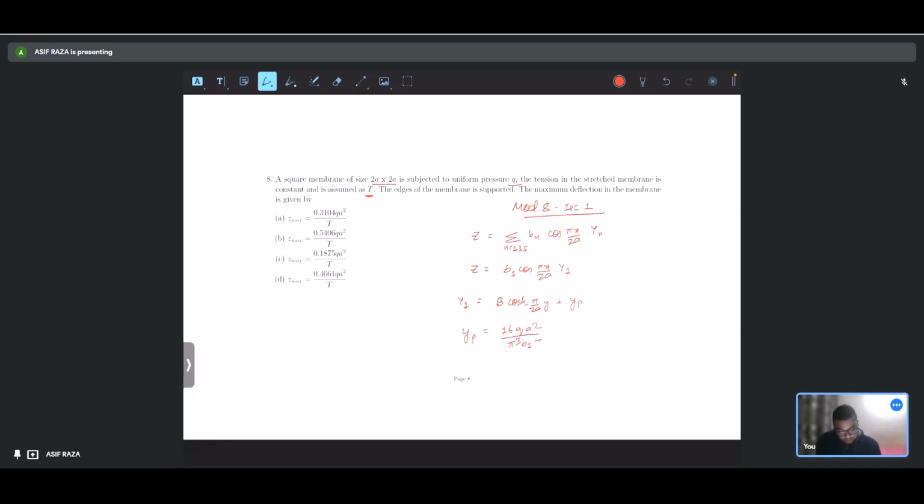Okay, so then applying the boundary condition.